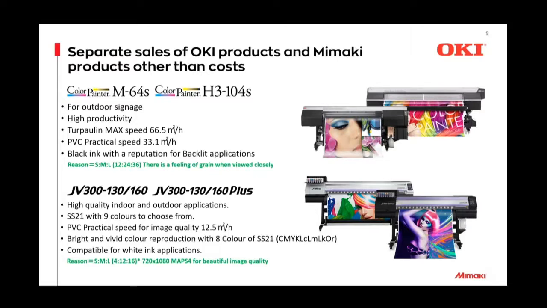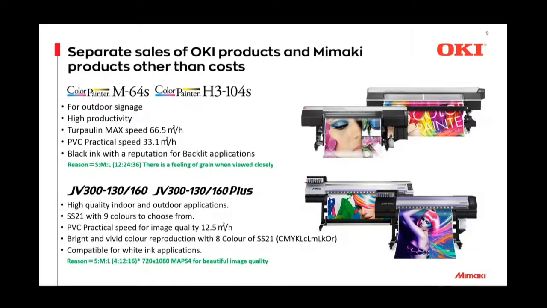So how do we do that? We can focus on higher quality solutions, considering we go even finer in picoliter dot size, and we've got more choice of color options regarding our JV300 series.